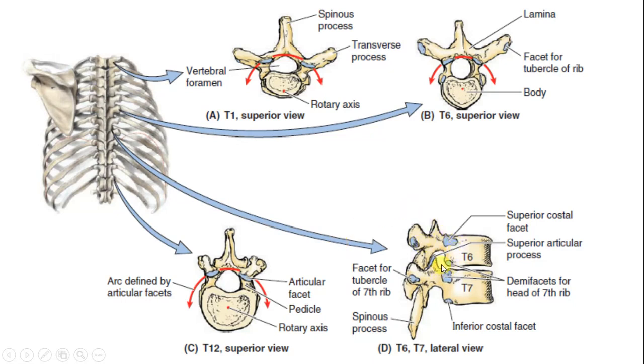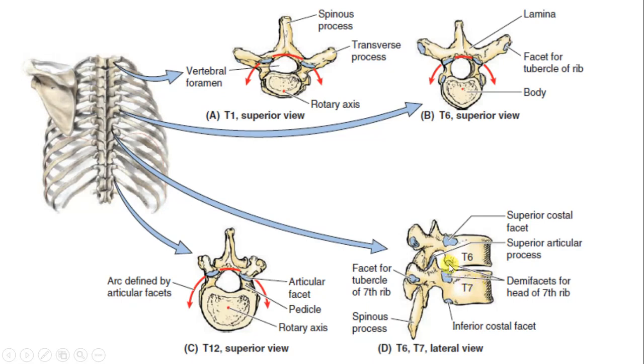And in this slide, this is the T6 vertebra and the T7 vertebra. Basically, this diagram shows the articular facets, superior and inferior. There is a demifacet for the head of the seventh rib with its own vertebra, and the superior one is also smaller than the lower one.